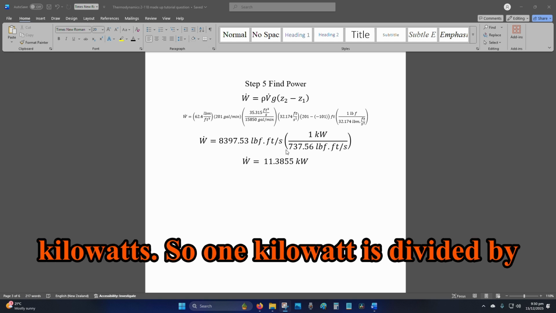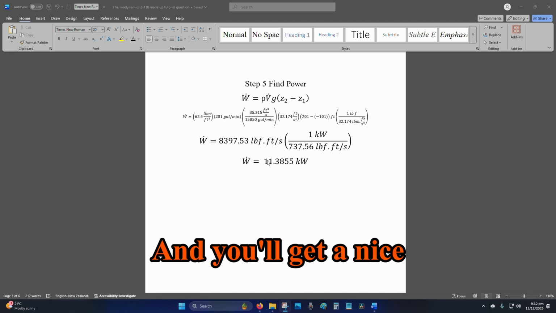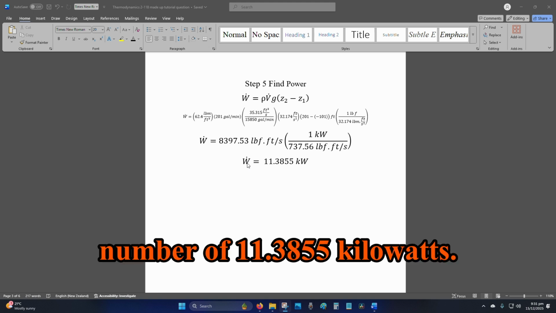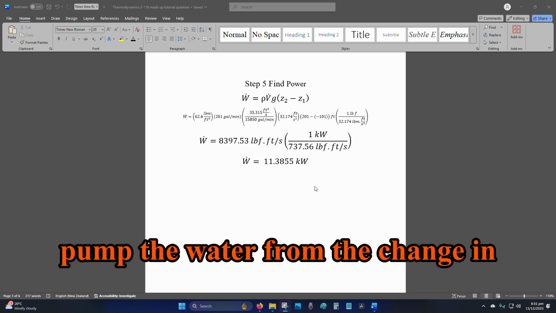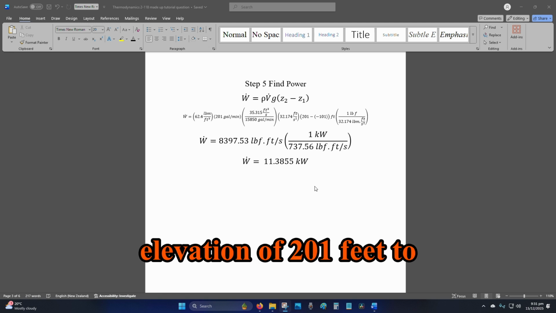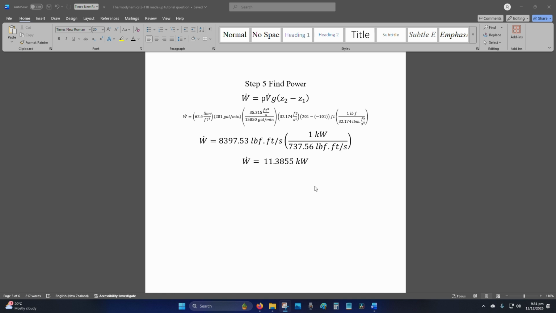So 1 kilowatt is divided by 737.56 pound force feet per second, and you'll get a nice number of 11.3855 kilowatts. That is the amount of power required to pump the water from the change in elevation of 201 feet to above ground 101 feet.